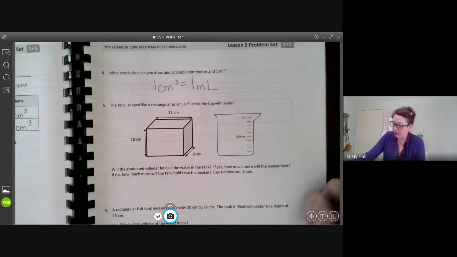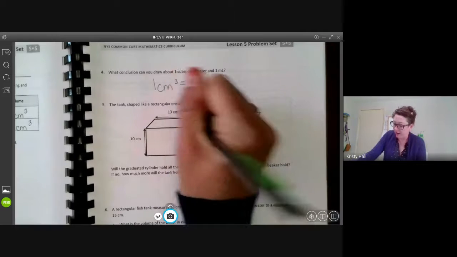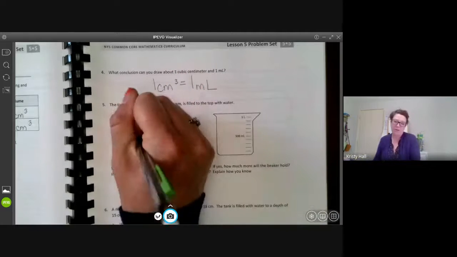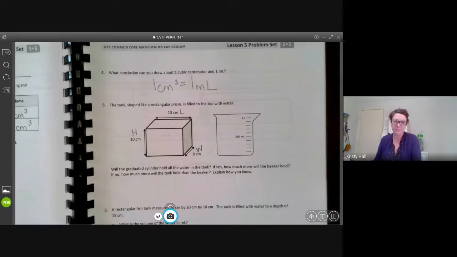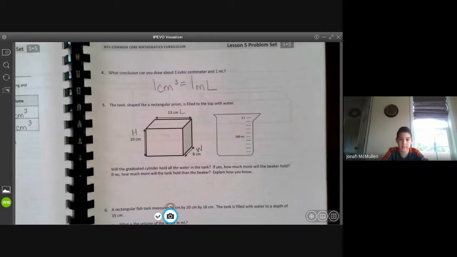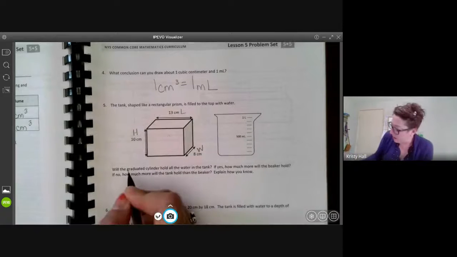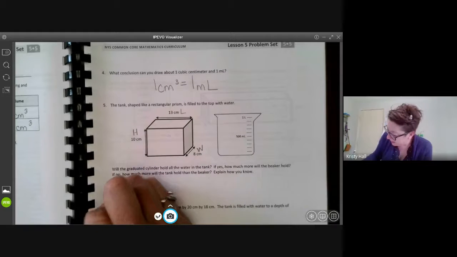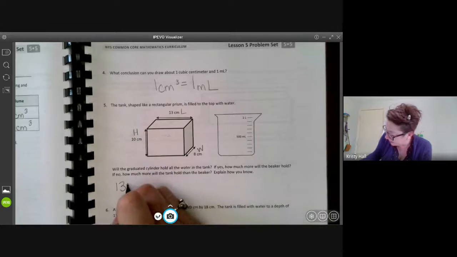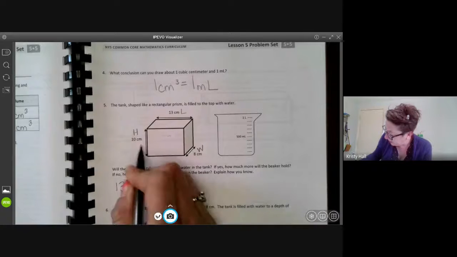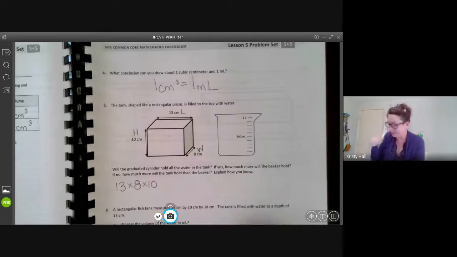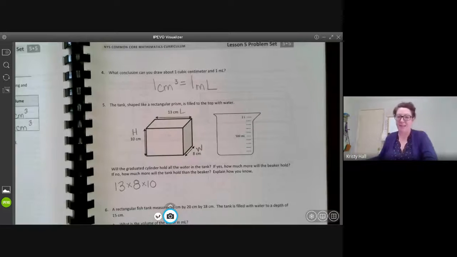So I've got length, width, and height. What do I have to do with those 3 numbers to find the volume? Multiply. Yeah, I'm going to multiply all three of those. So 13 times 8 times 10. Ooh, 13 times 8. I don't know that one.